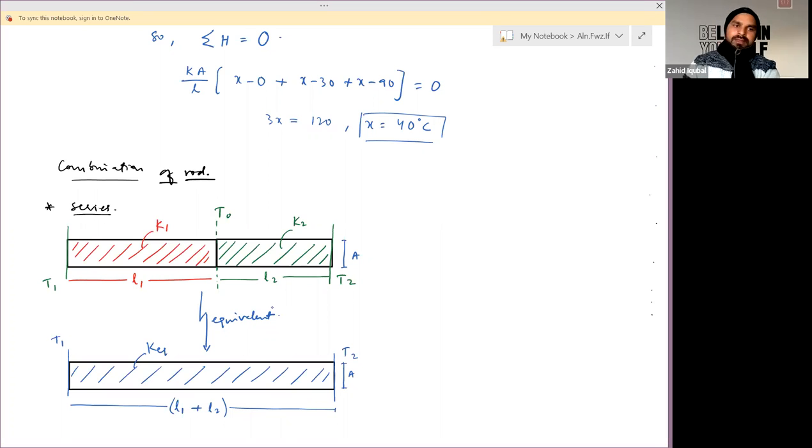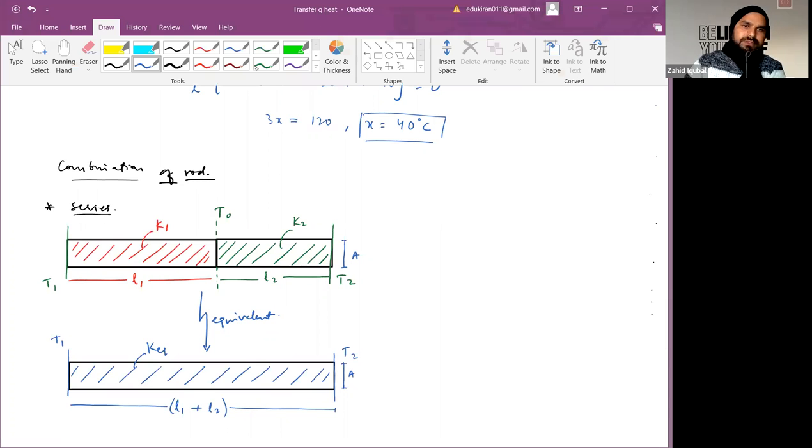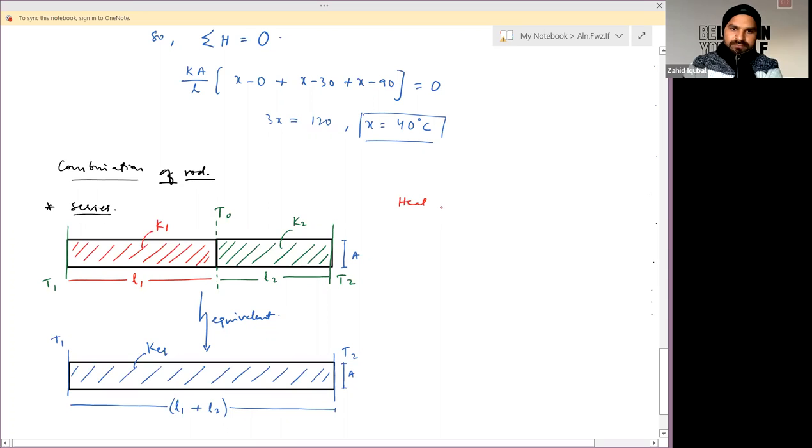Okay. Now we have to combine these two different terms. So first, heat current through first rod. According to the formula, H equals to K A divided by length, temperature difference T1 minus T0.